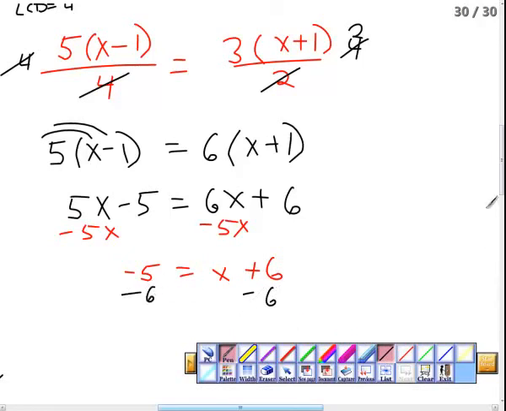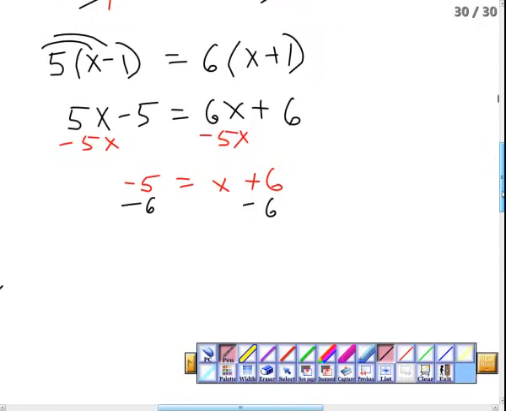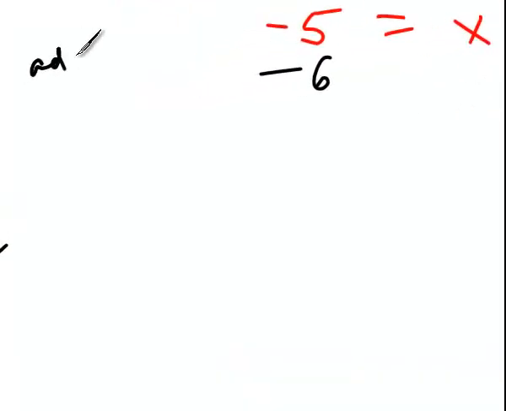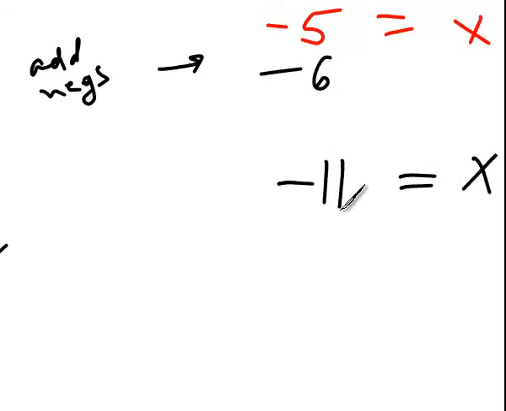Minus 6, right? You got to be careful here because you're subtracting on one side, but you're actually adding negatives on the other side. So you got to be careful with that. So you want to write these down. Yeah, you get a negative 11. All right? Good. Questions with that?